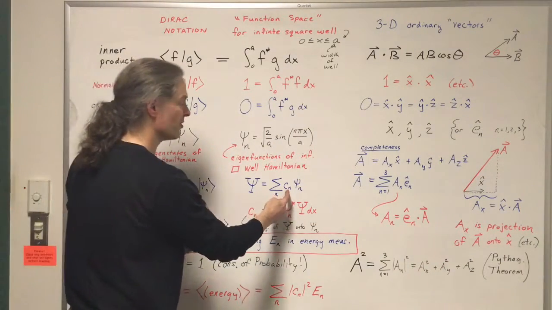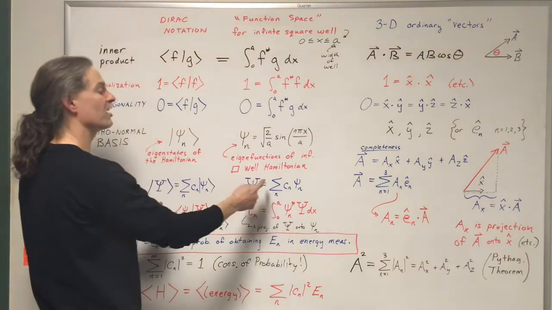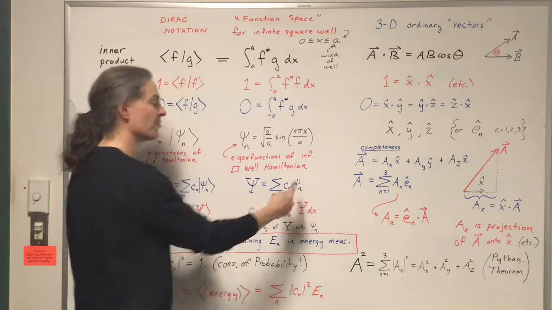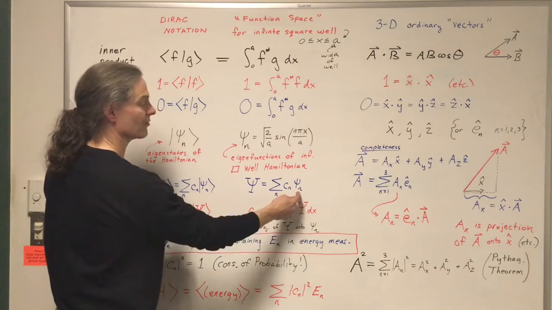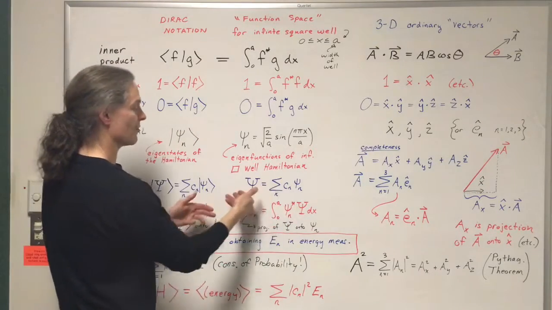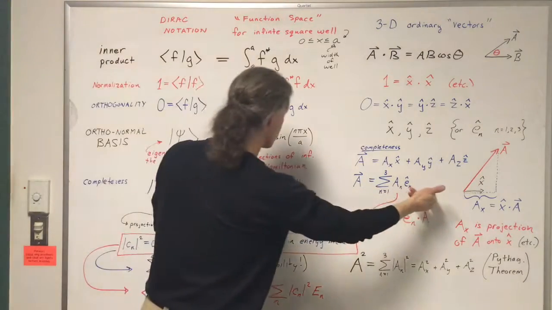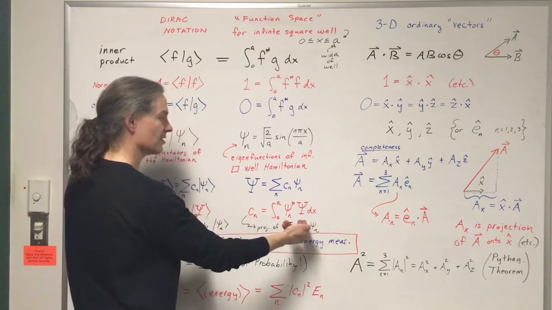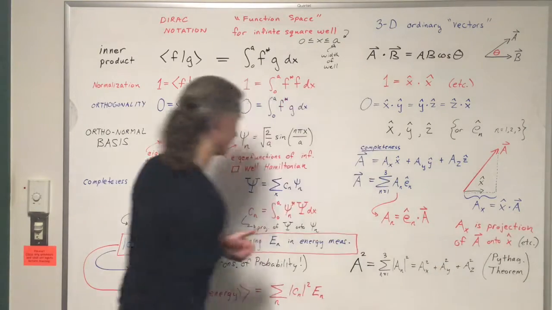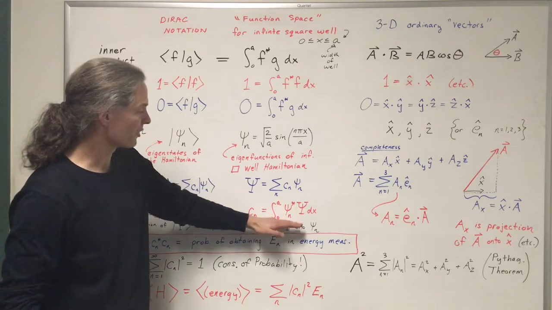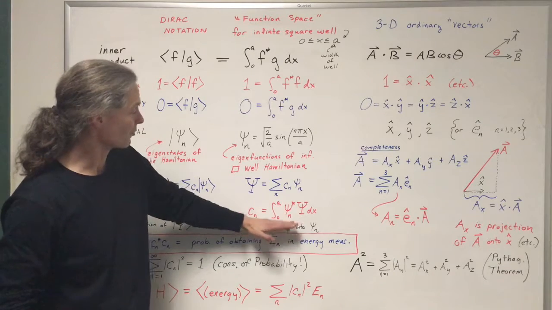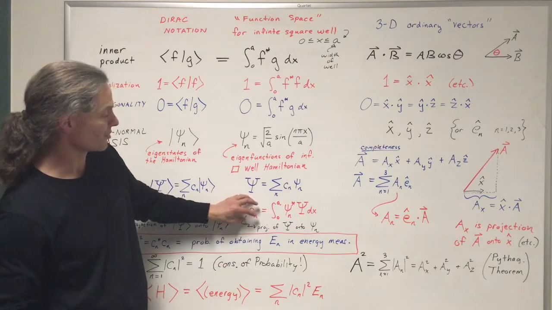C sub n should be the projection of our state psi onto the corresponding building blocks. We write that as an inner product of psi sub n and big psi like this. So this is analogous to this, and this is analogous to this or that. So here I've taken the inner product of the building block with the function that I'm trying to build, integrated over the range of the problem. That's our C sub n.